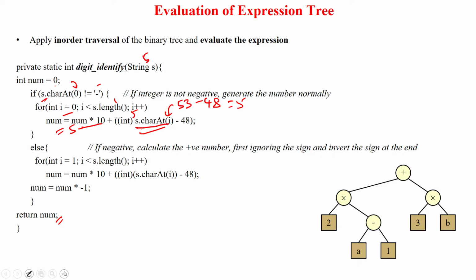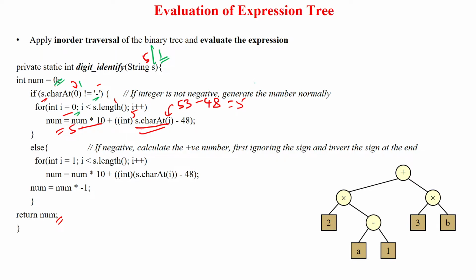Here again we are getting the 1. So 1 is passing here, so number is 0. Then we are checking: the 0th index is having 1, which is not a minus, so we start from the 0th iteration.